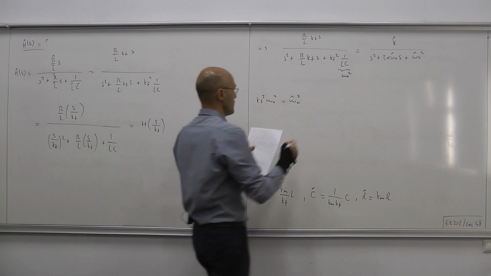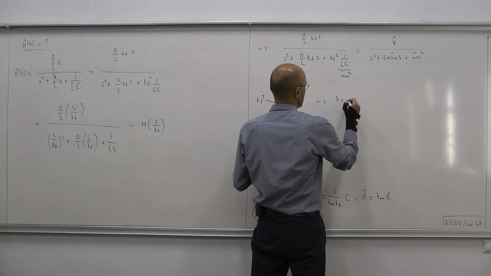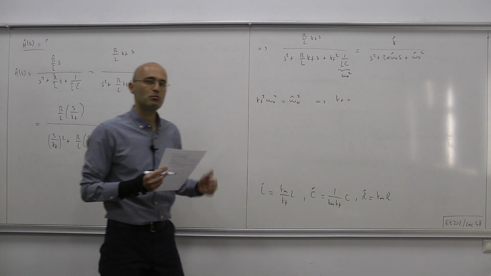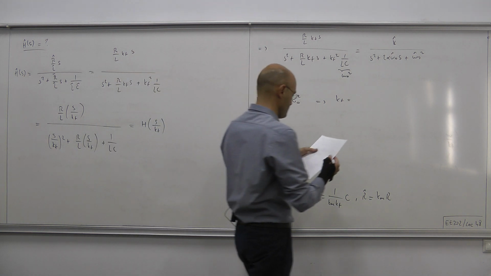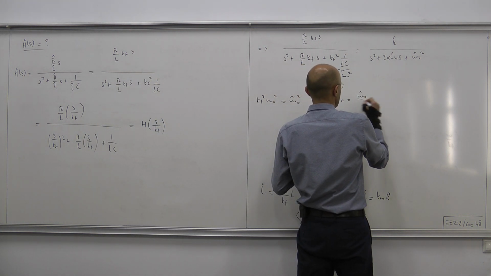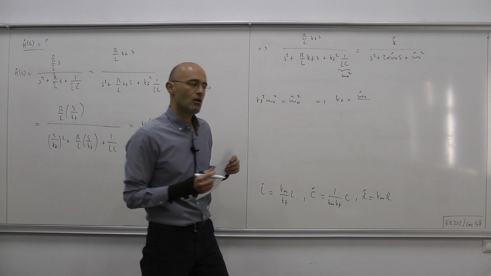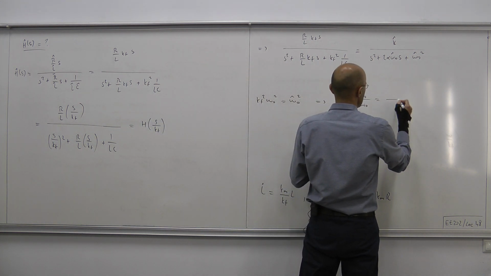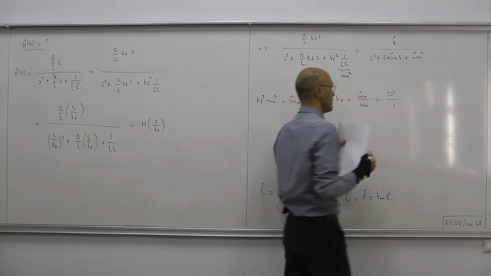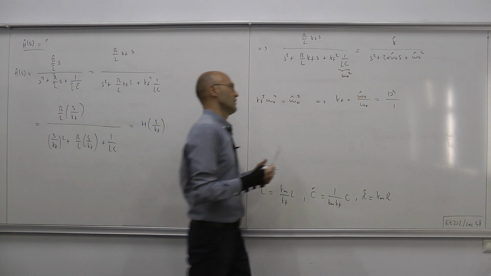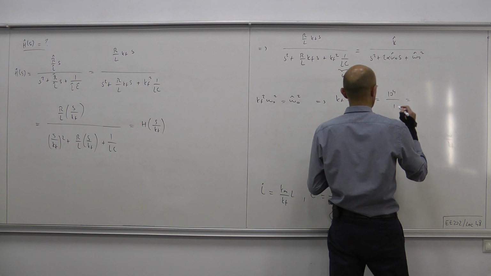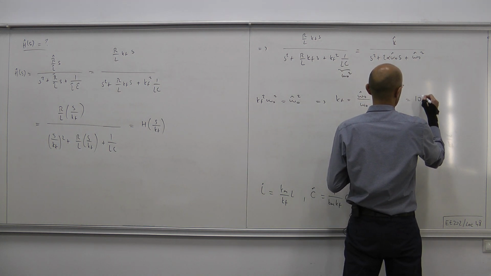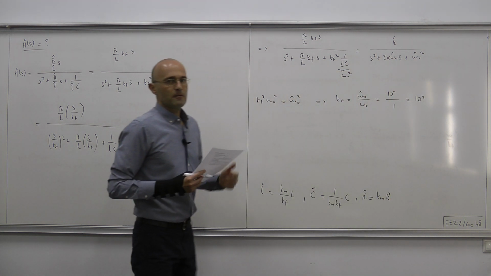So that implies that the frequency scaling factor should be chosen as the desired new peak frequency over the initial peak frequency, which is 10,000 over 1. Hence our frequency scaling factor should be 10,000.